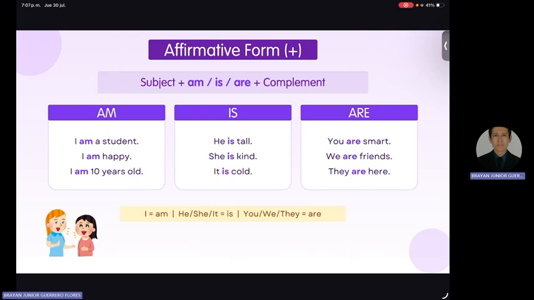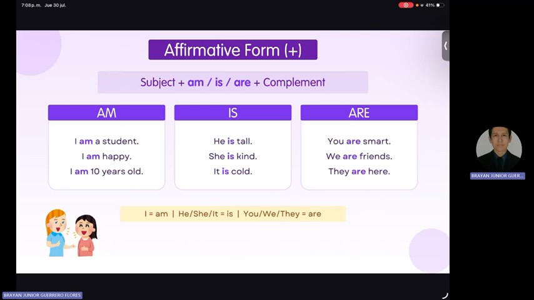Okay. Now we have some samples. For example, with am: I am a student. I am happy. I am 10 years old. And with is: he is tall. He is kind. It is cold. Okay. And are: you are smart. We are friends. They are here.